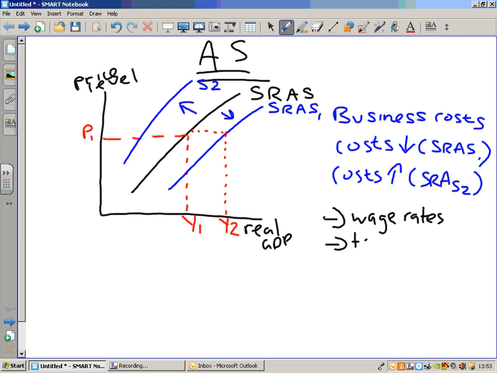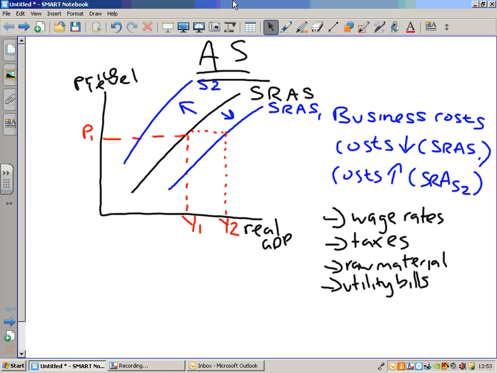Obviously, as taxes on businesses fall, again, their costs will fall. We've got raw material costs, so normally the price of oil is heavily linked to output as it's used in the production of most goods and services. We've got utility bills. So as these costs fall, supply would increase to SRAS1. If these costs increase, supply will shift to SRAS2.